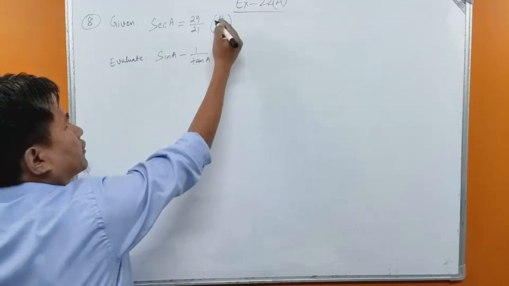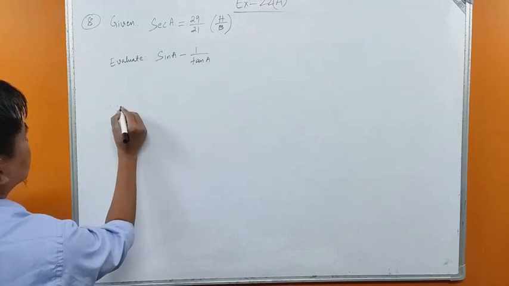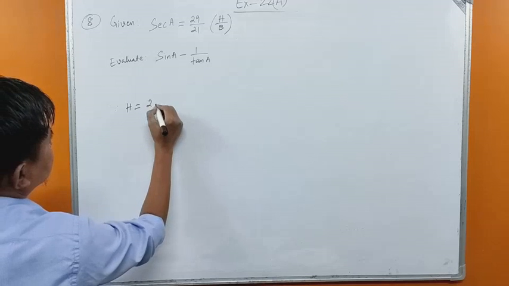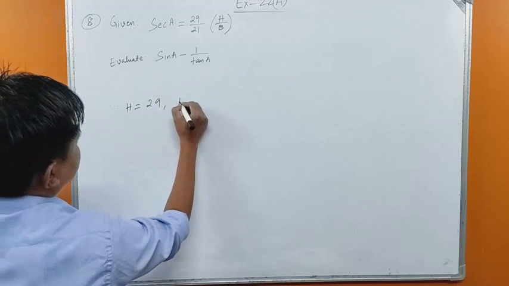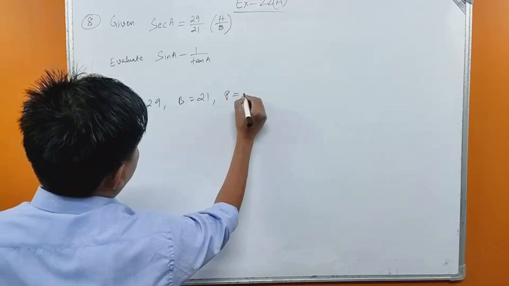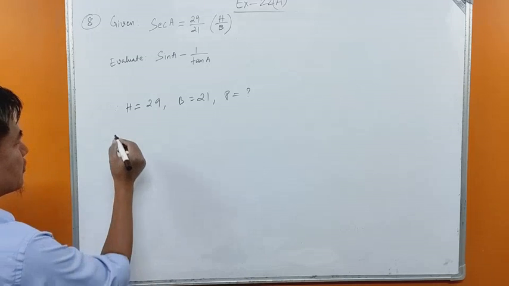So hypotenuse equals 29 and base equals 21. We don't have the perpendicular, so let us find it using Pythagoras theorem.